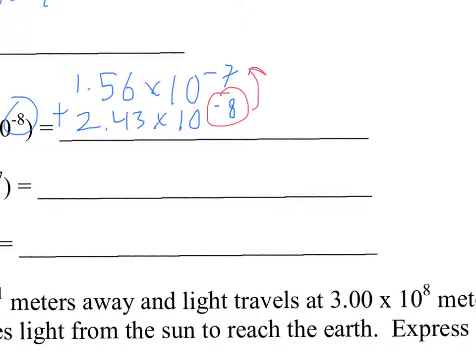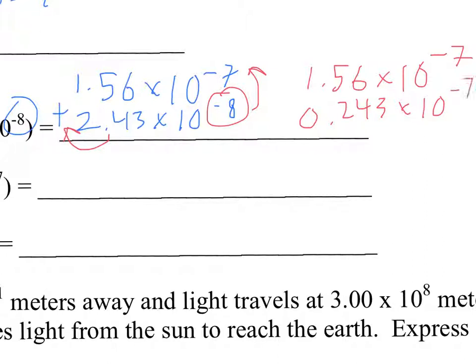And the way I do that, since I'm going up from minus 8 to minus 7, I have to move the decimal point over by 1. When I do that, I end up with 1.56 times 10 to the minus 7 and 0.243 times 10 to the minus 7.